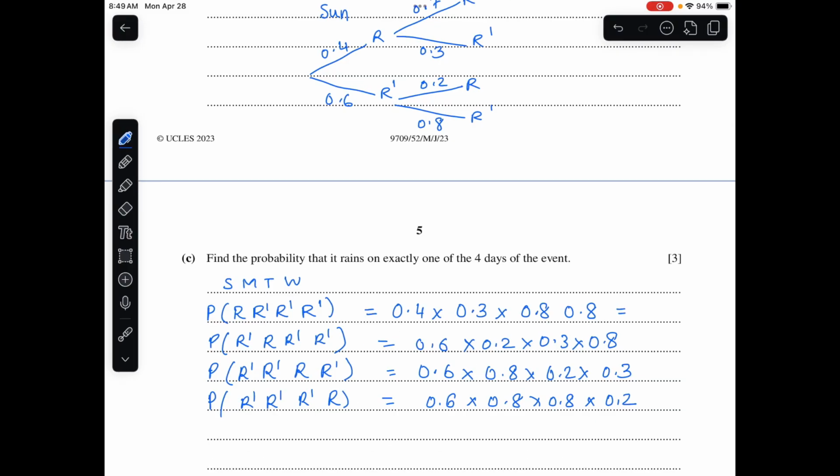Now, if you work out each of these calculations, it's going to give you 0.0768, 0.0288. This is the same. As you can see, the numbers are pretty much the same. 0.0288, 0.0768. All right.